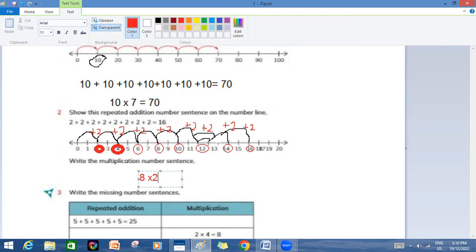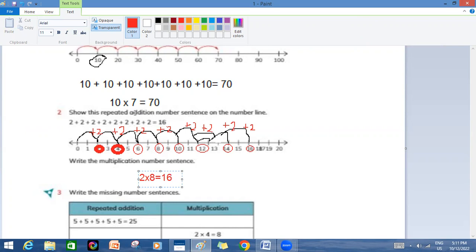It's time to write multiplication number sentences for this question. So you have to use multiply sign. So 8 multiply by 2, or you are going to say 2 multiply 8 times equal 16.